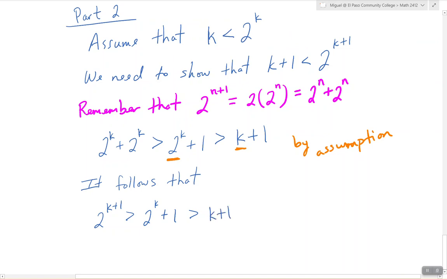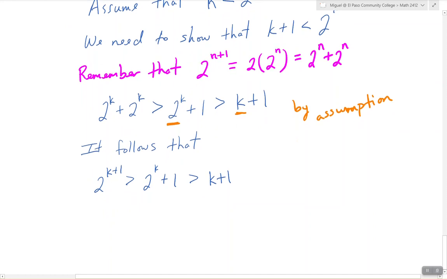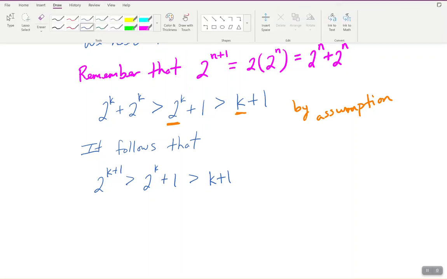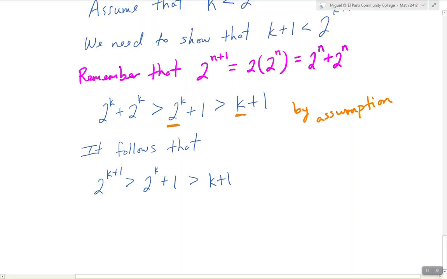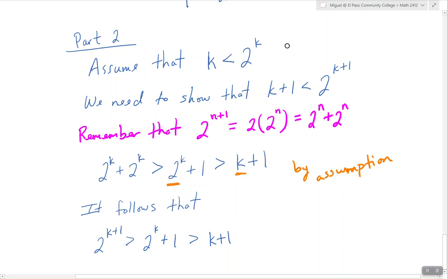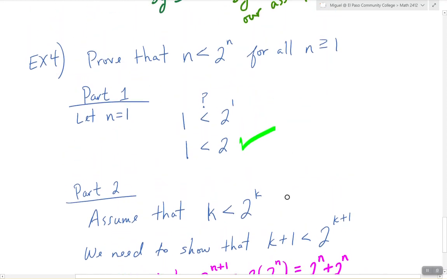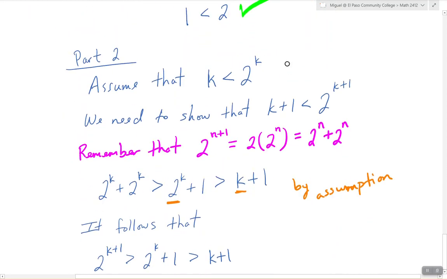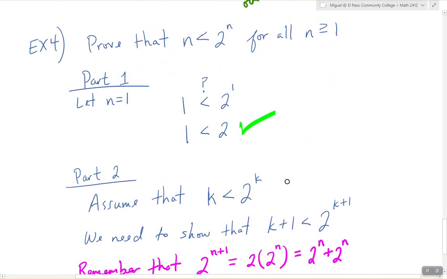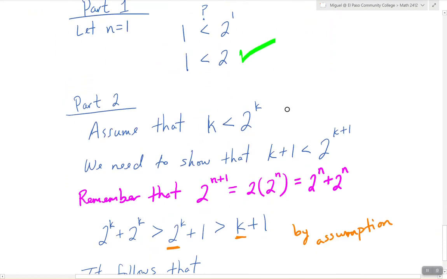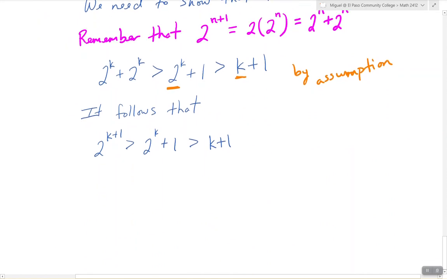That's what we had. And we can flip this to match the direction of the inequality. Our original statement was n is less than 2 to the n. So our goal is to have n plus 1 is less than 2 to the n plus 1, or k plus 1 is less than 2 to the k plus 1.